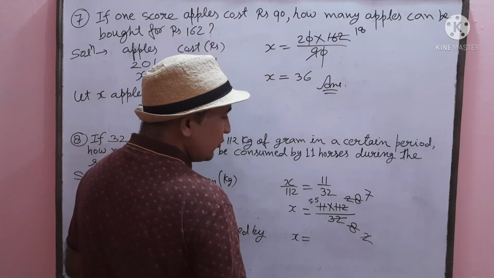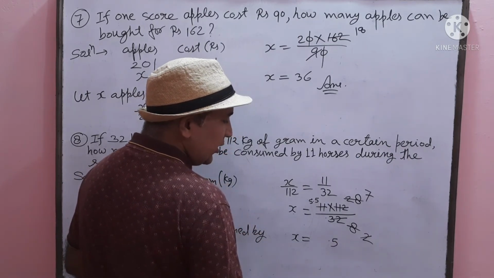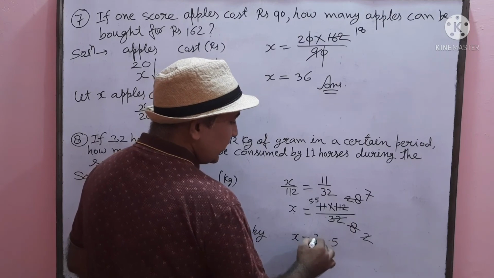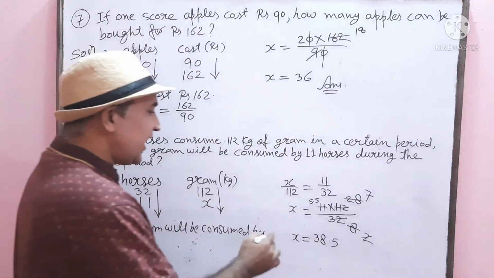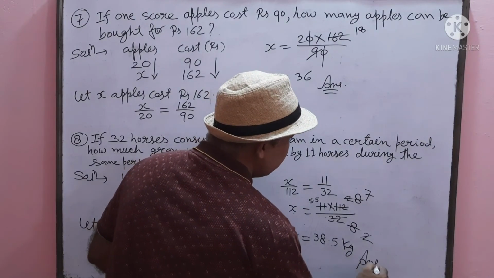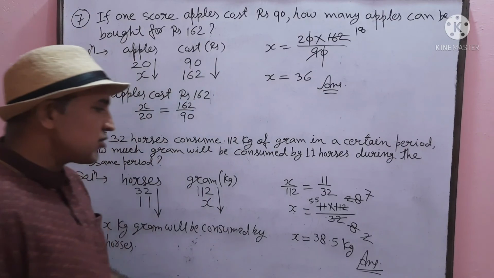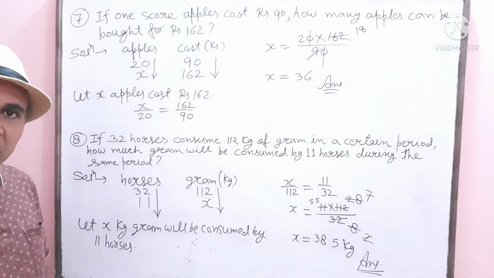So X is equal to 7 5s are 35, 3 carry on. 7 5s are 35, 3 38, 38.5, and this is the weight of the gram. So answer will come in kilogram. So X is equal to 38.5 kilogram.